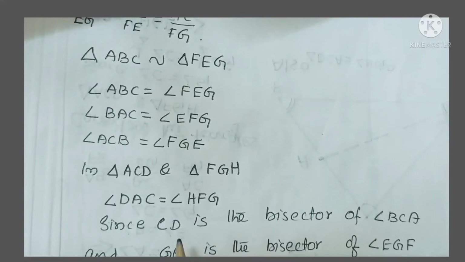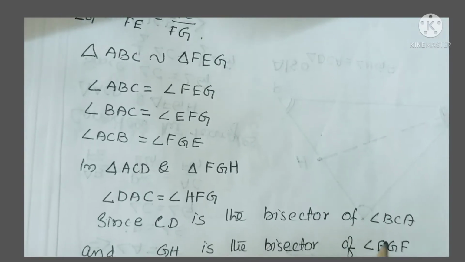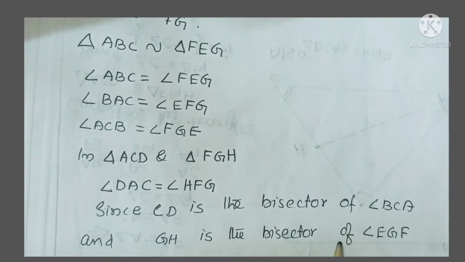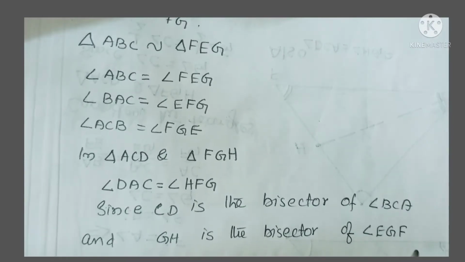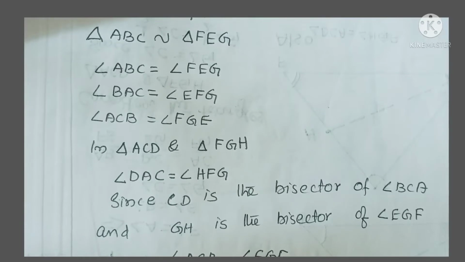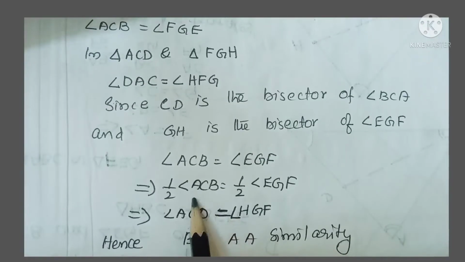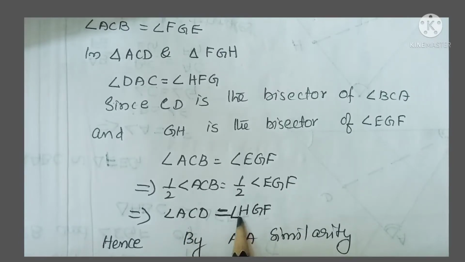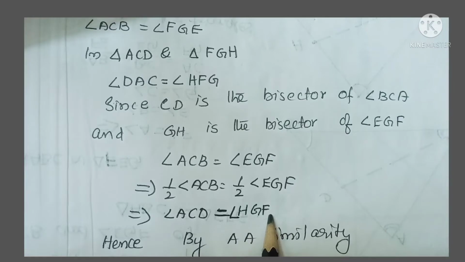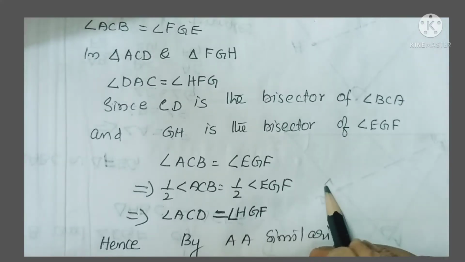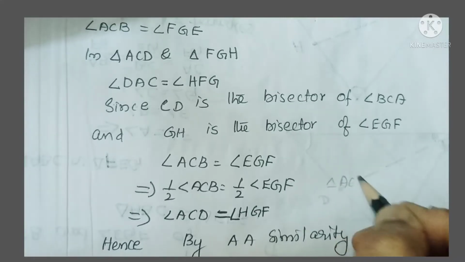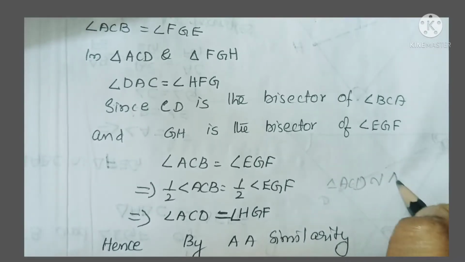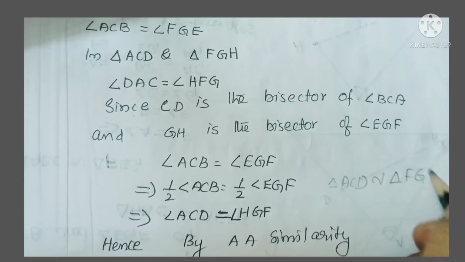Since CD is the bisector of angle BCA and GH is the bisector of angle EGF, we can take the half of the angles. That is, half of angle ACB equals half of angle EGF, and angle ACD equals angle HGF. Therefore, by the AAA similarity theorem, triangle ACD is similar to triangle FGH.